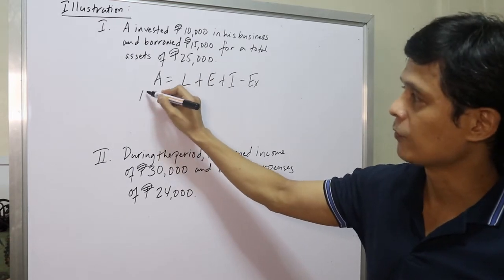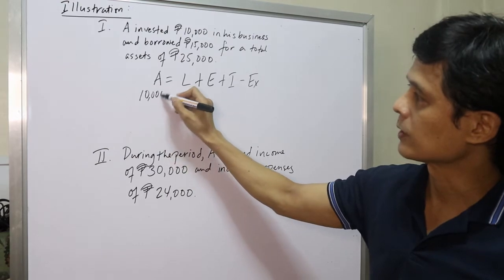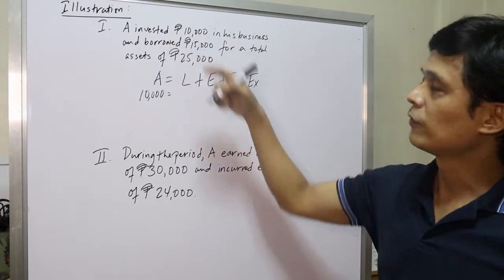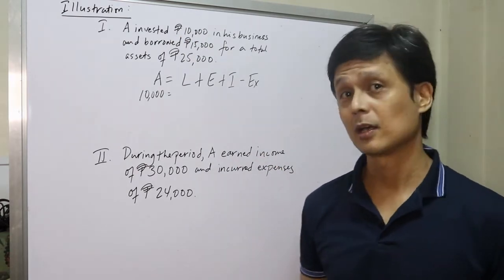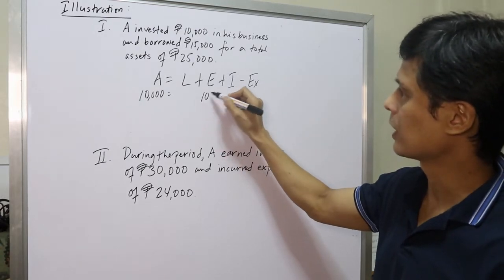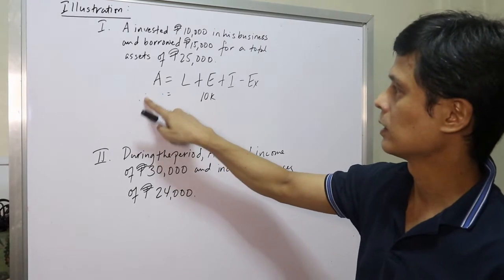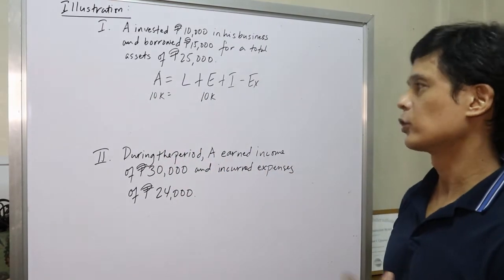So, cash is a form of asset. Nadagdagan natin yan, 10,000. Now, of course, yung ininvest niya na 10,000, it also increases yung capital niya. So, lagay na lang natin 10K, 10K. Understood na 10K.